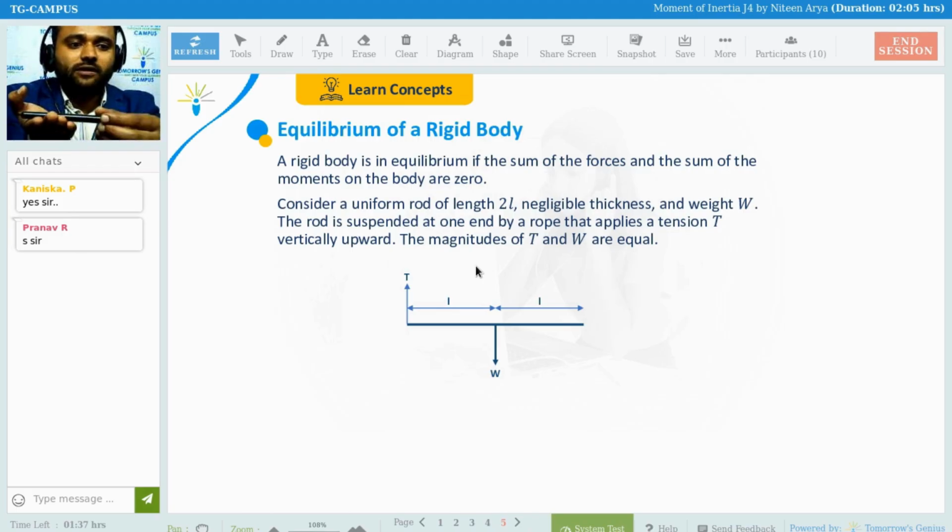But if I try to put it a little bit to this side, it is going to fall this way. Basically my hand behaves as an axis, and on this axis it is going to rotate due to its weight, because we don't have another force here.